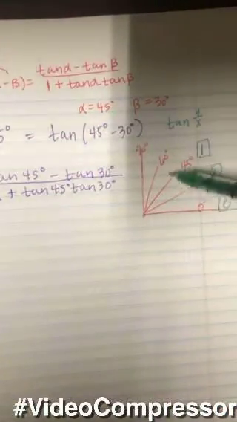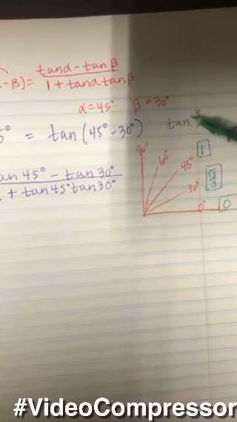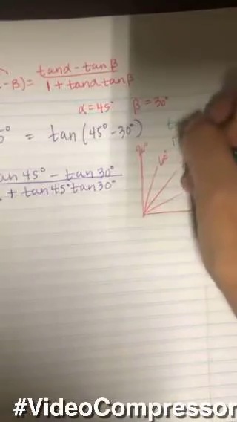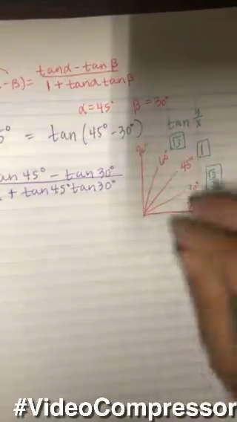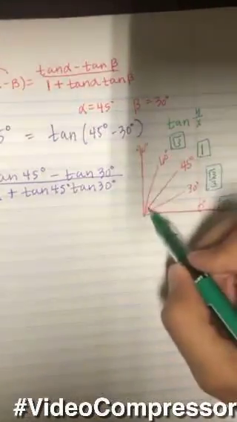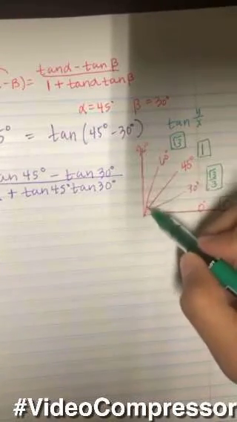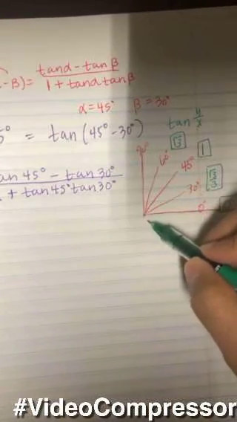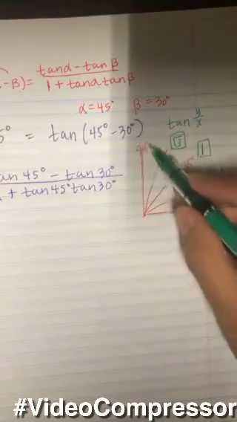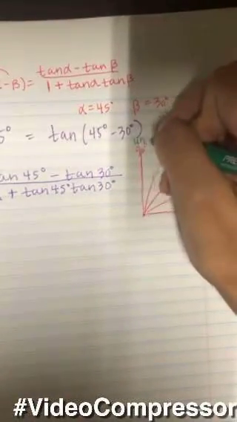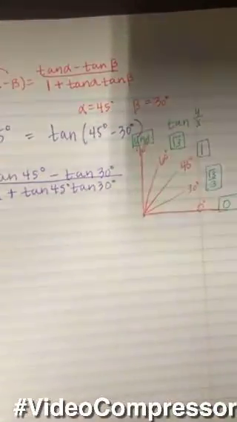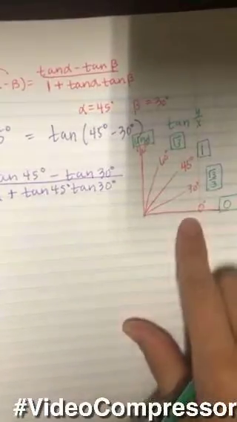Here I have my y over x, the square root of 3 over 2 divided by 1/2, so this would be the positive square root of 3. And then here, this is your coordinate at 90 degrees, 0, 1. So 1 divided by 0 is undefined. So those are the tangent values of the first quadrant of my unit circle.